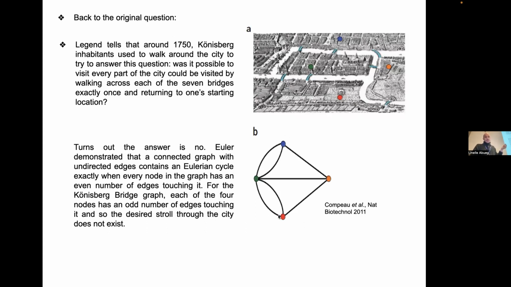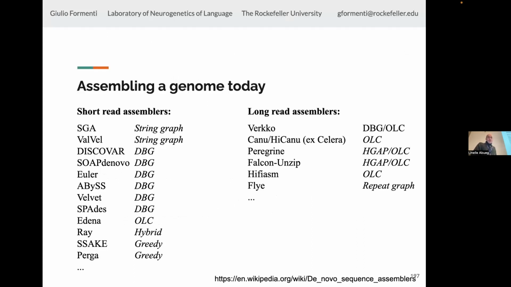This other also has 3 edges. This one has 4 or 5 edges. These are all odd numbers, and there is a mathematical demonstration that says there is no way you can walk this graph by going through all the nodes once and also all the bridges. So that's not possible.